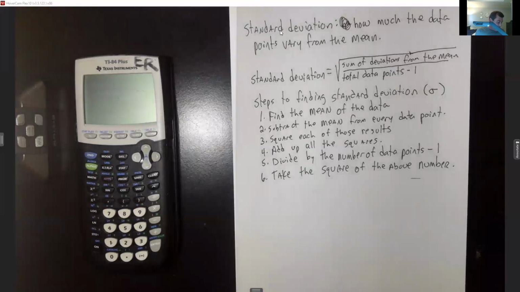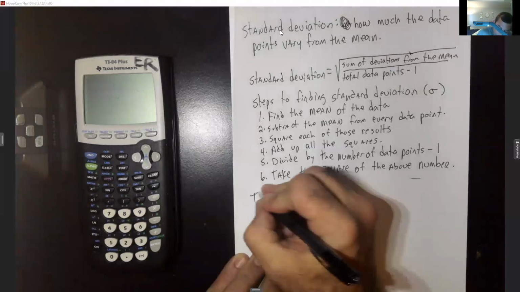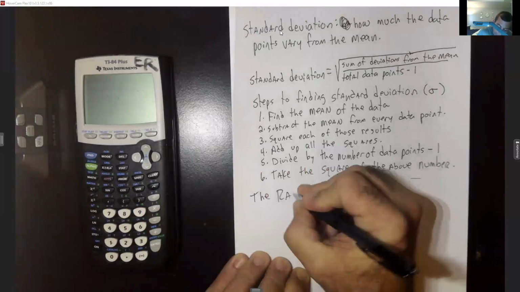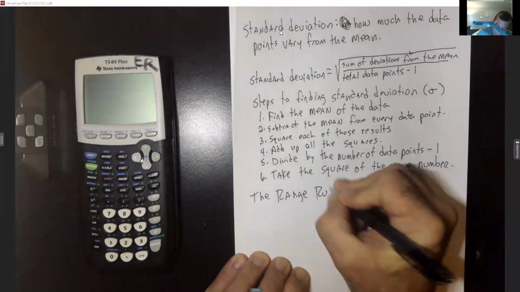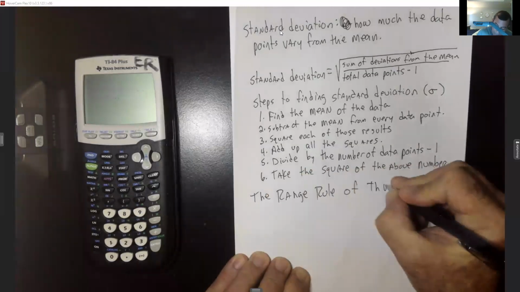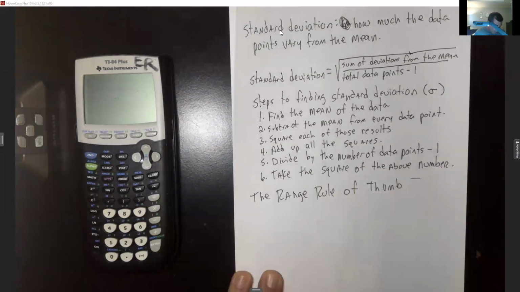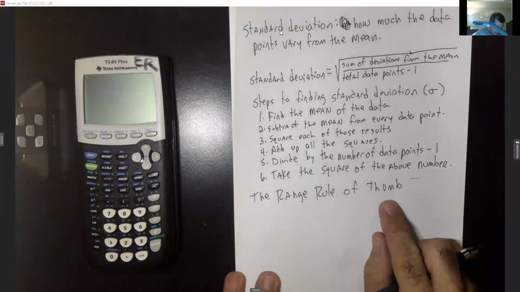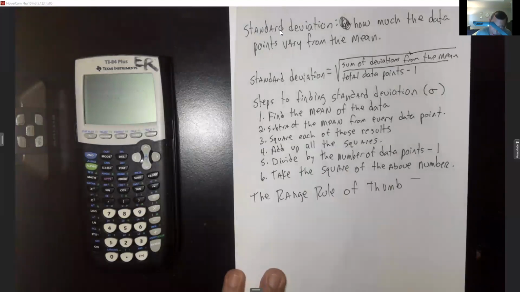So let's see. They got what they call the range rule of thumb. And this is just a shorthand way of finding it. But the range rule of thumb says that you can get approximates.